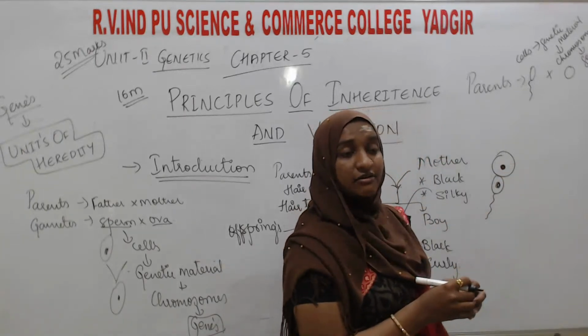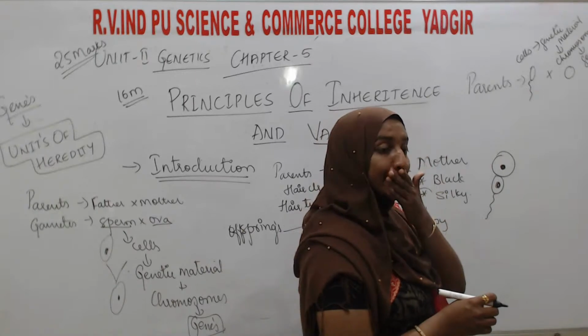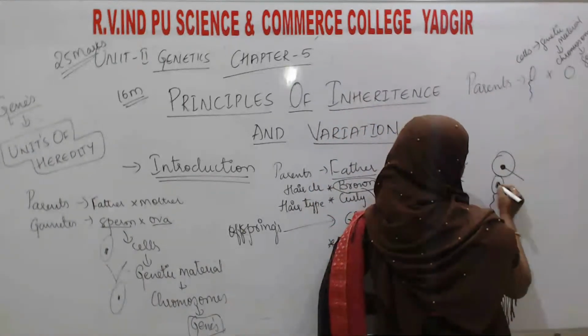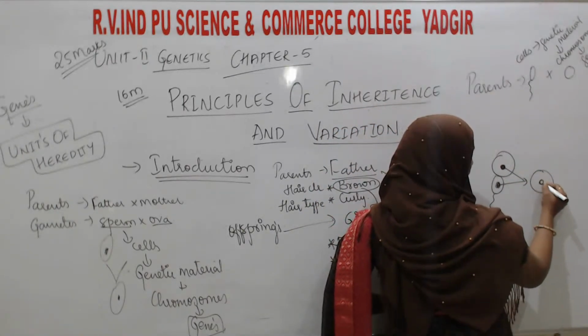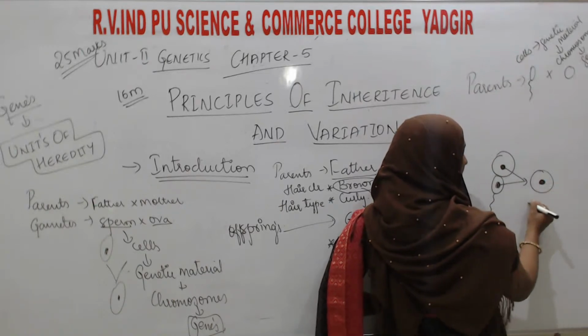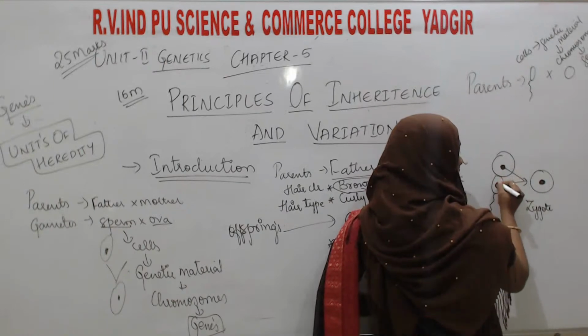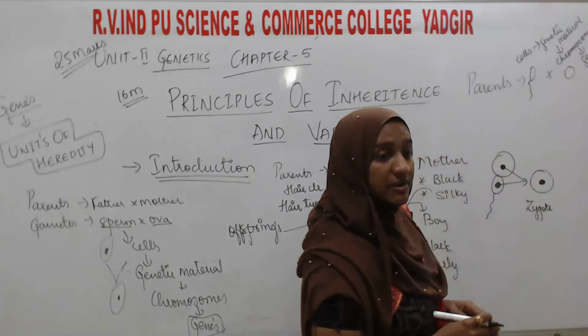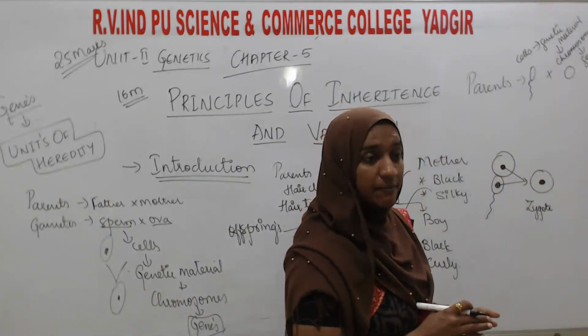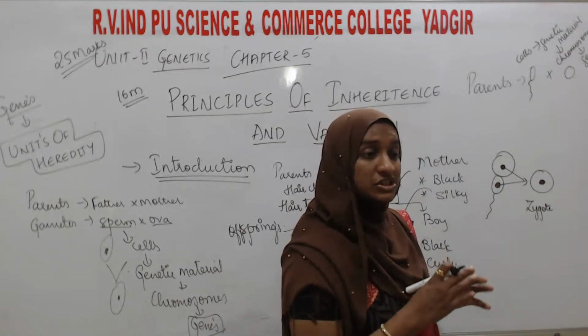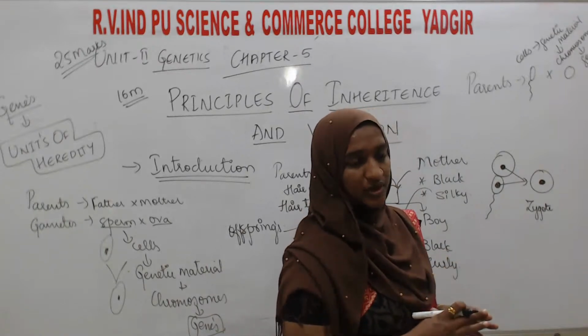Not only the cells fuse, but their nuclei also fuse in the resulting cell, the zygote. If their nuclei fuse, their genetic material also gets mixed up, so their genes are also mixed up.